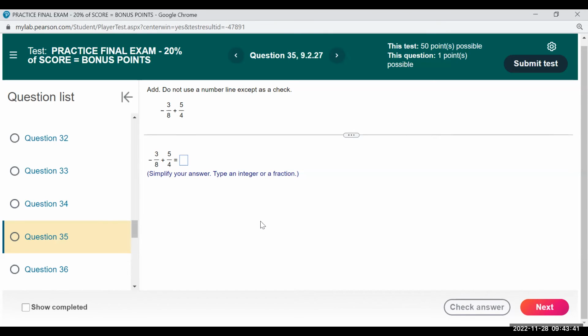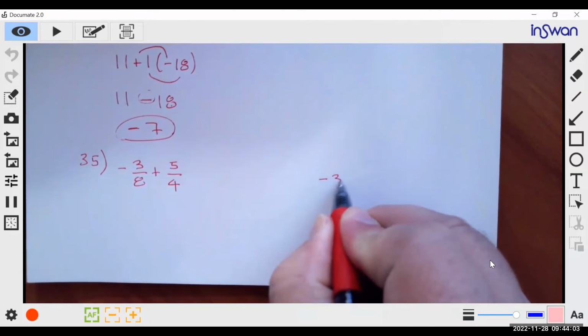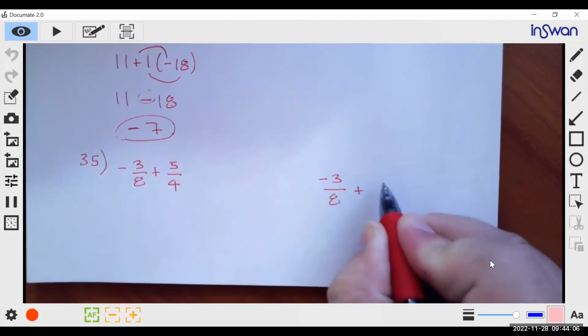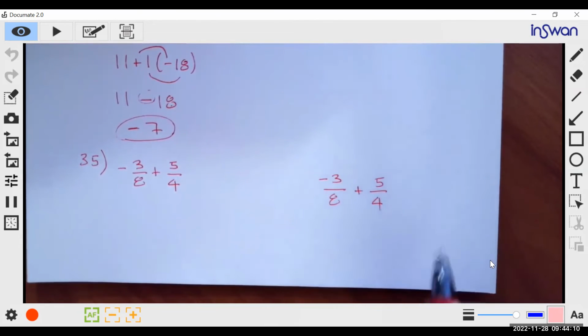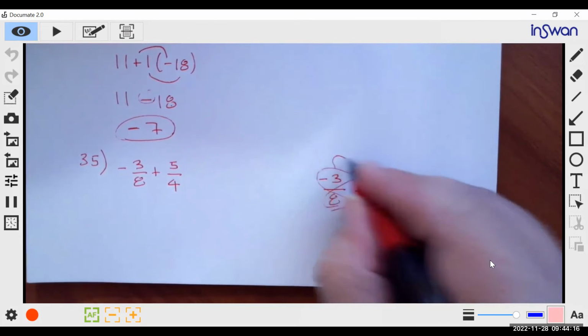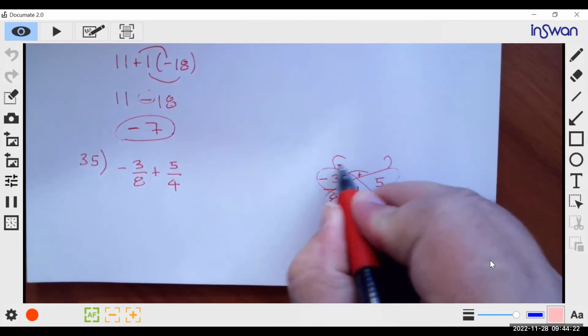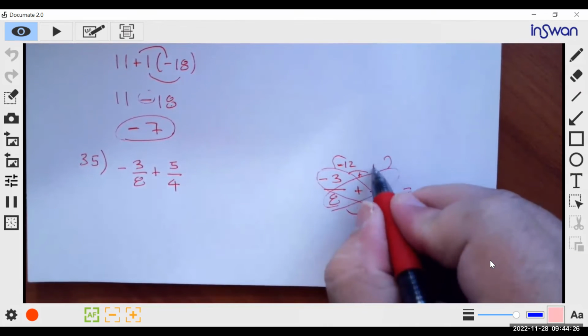So we have negative 3/8 plus 5/4. 4 times negative 3 is negative 12. 8 times 5 is 40.